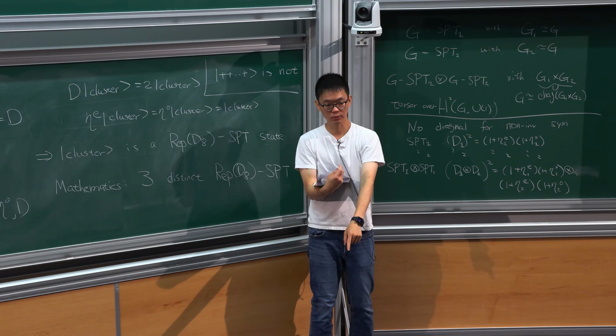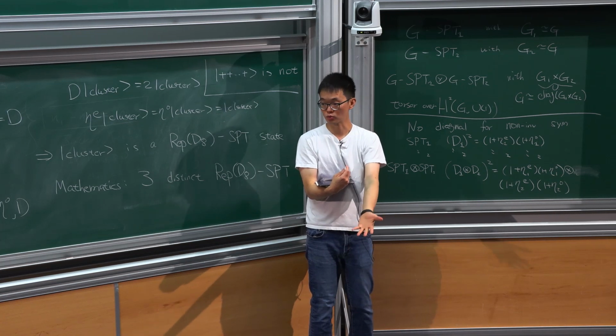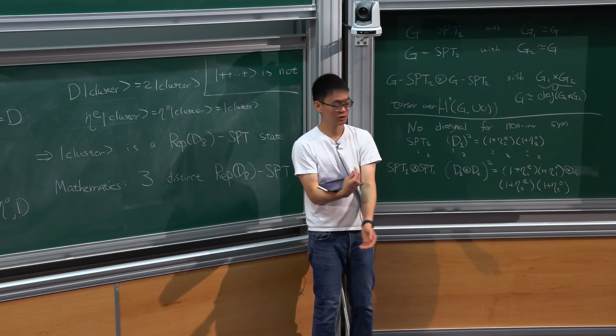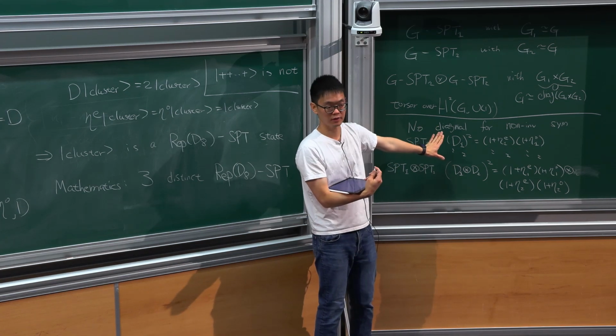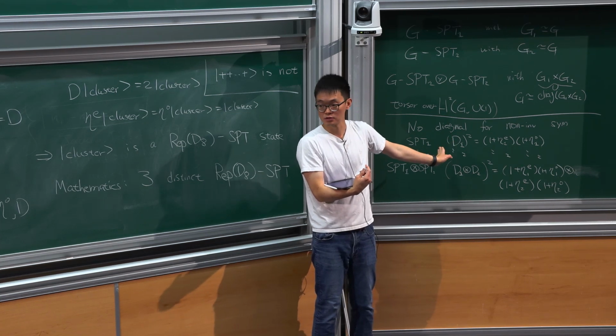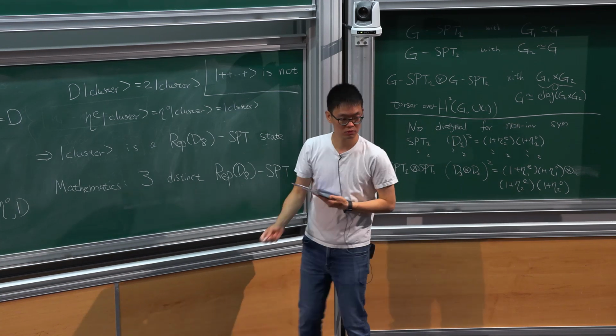The moment you pick someone to be an identity, it becomes a group. That's how we usually think about invertible SPTs. But for non-invertible SPT, there's not even an addition structure there. So it's never going to form a group.